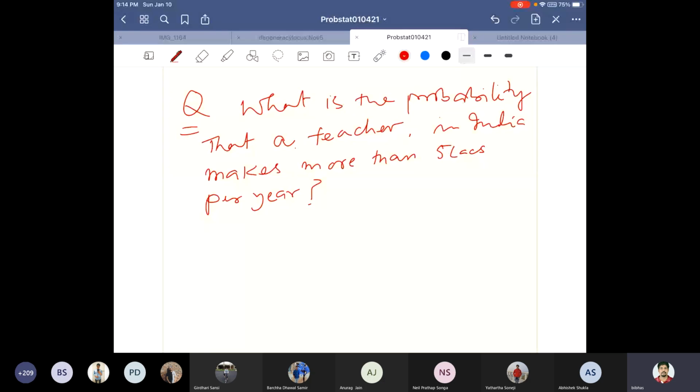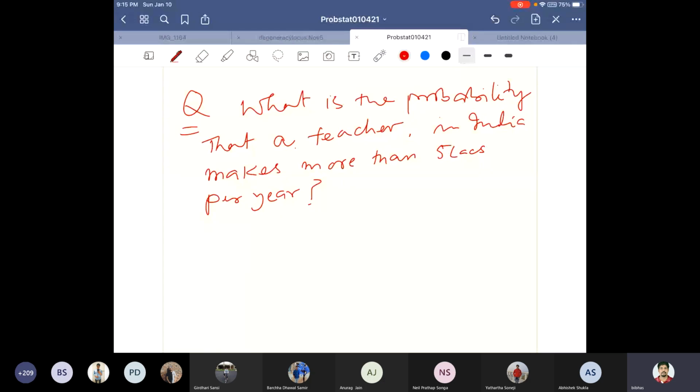Basically, suppose we have a teacher, he or she will withdraw some amount of salary per month, and this is 12 months a year. If you sum up the salary per month, what is the total salary per year? Now, if we ask this question, the answer will vary.